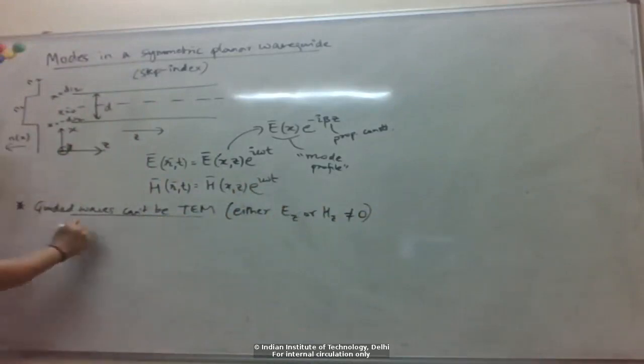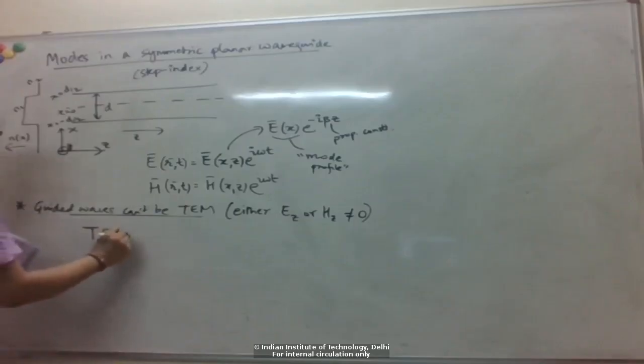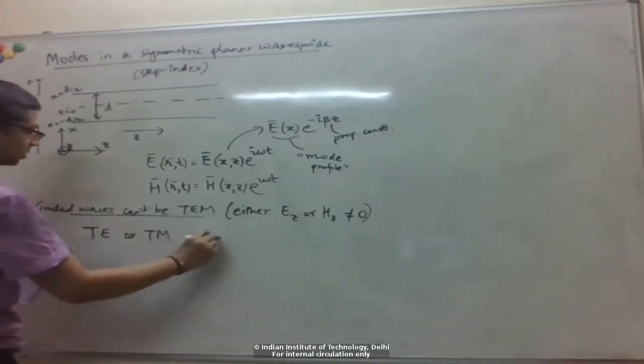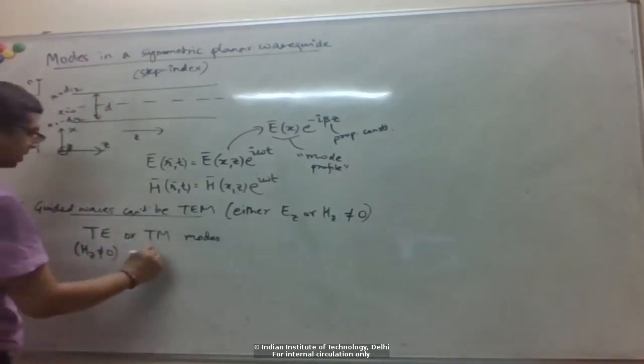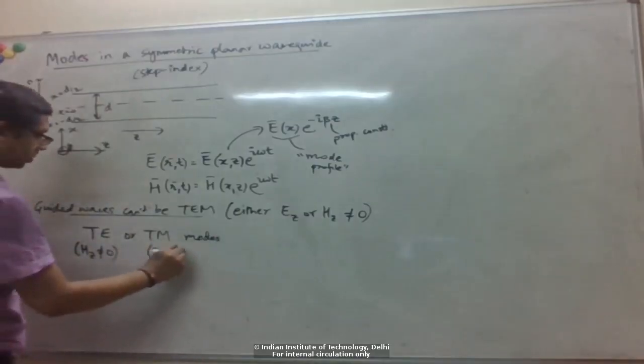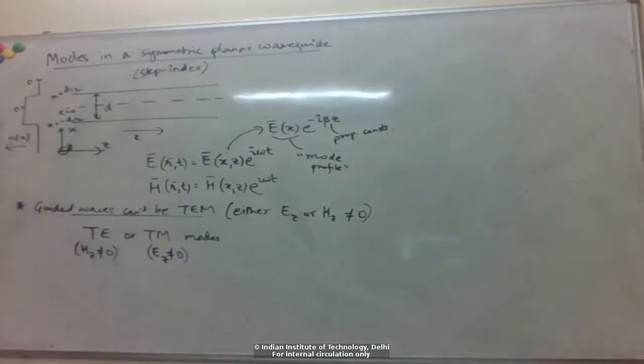So in this structure, we'll see that we can either have TE modes or TM modes, but not TEM modes. TE means the electric field will be transverse to the propagation direction, but the magnetic field will not be. So in the TE case, Hz will be non-zero, and for TM, Ez will be non-zero.